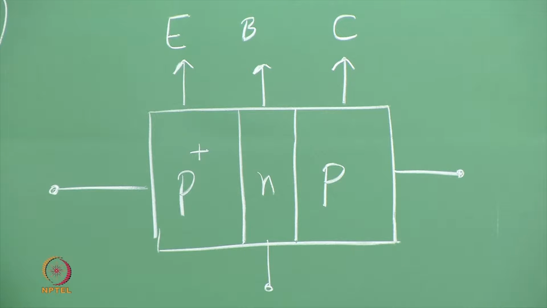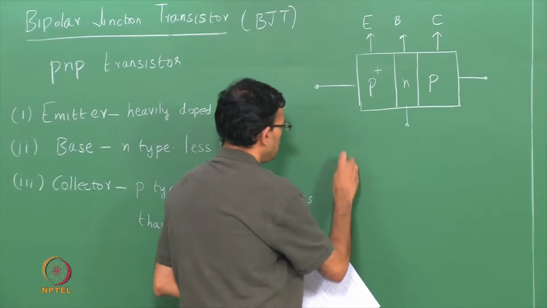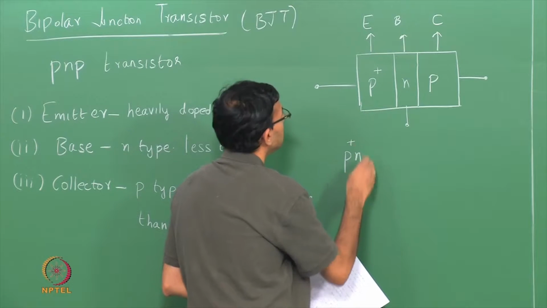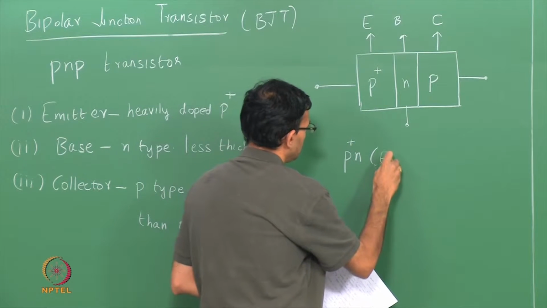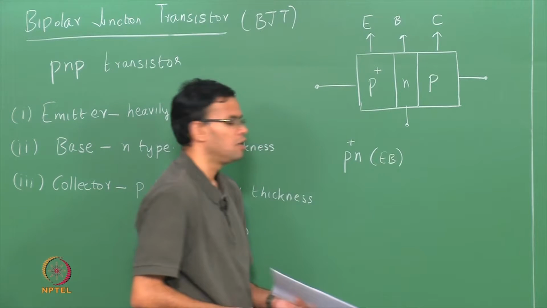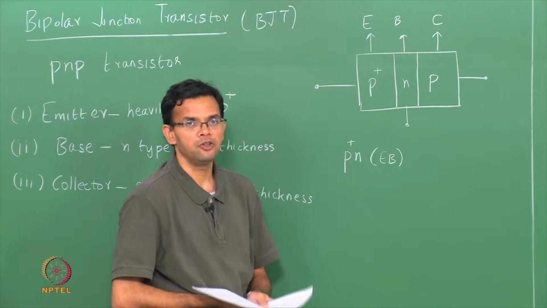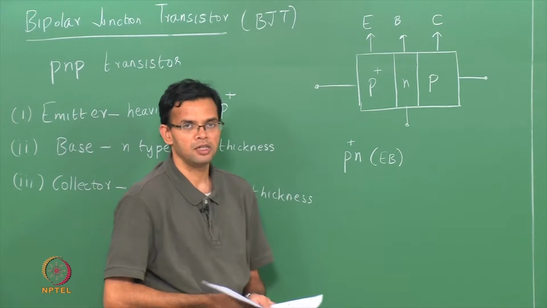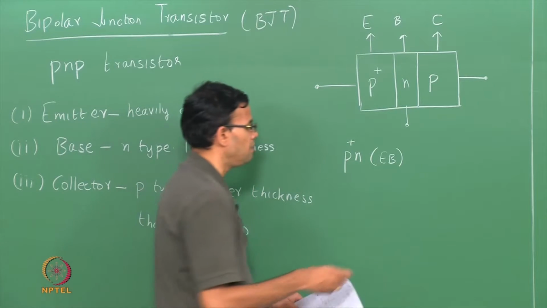If you look at the 2 junctions, the first junction is your P plus N, which is your emitter base. The P region is heavily doped, so the depletion width is almost entirely in the base.